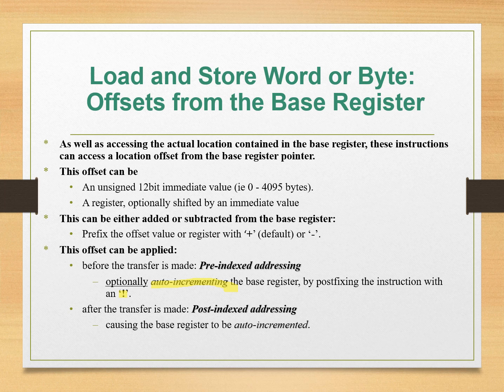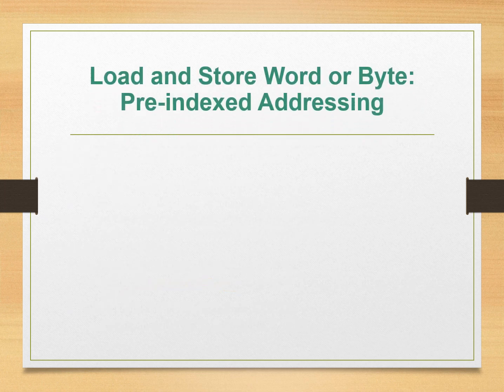See the example. Load and store indexed addressing, okay, where we have STR R0, [R1, #12], an offset with constant 12.